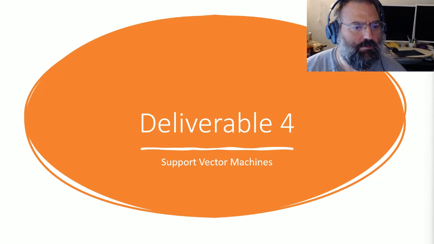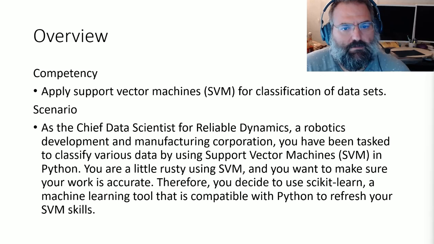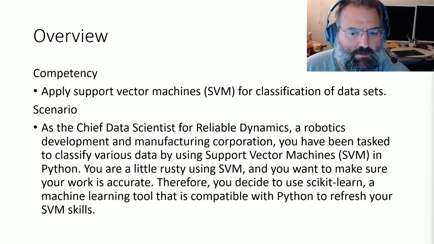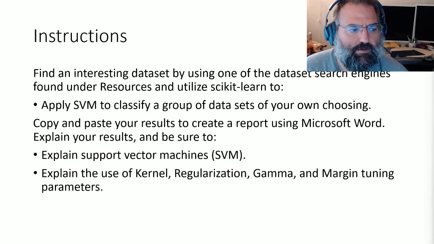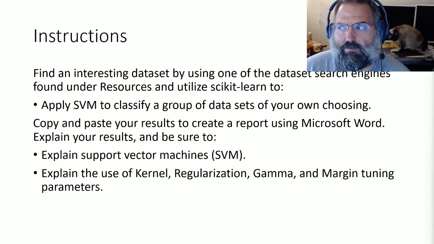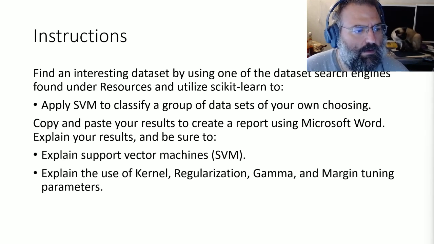Okay, deliverable 4. You guessed it. You're supposed to do some classification with support vector machines. Basically, pick your favorite data set. We don't supply one, we don't pick one, so pick whatever one you like. Then apply SVM to it and do your own classification.